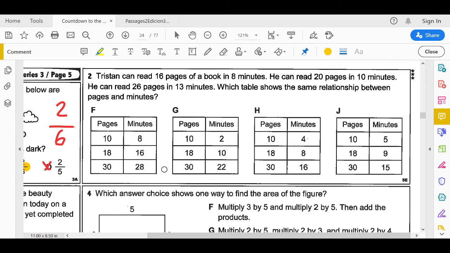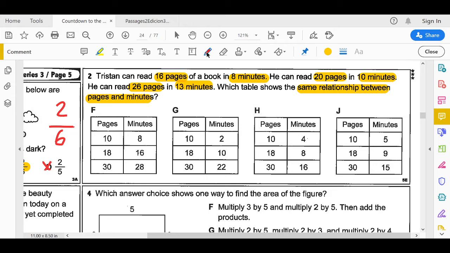Right here, Tristan can read 16 pages of a book in 8 minutes. He can read 20 pages in 10 minutes. He can read 26 pages in 13 minutes. And the question is, which table shows the same relationship between pages and minutes?